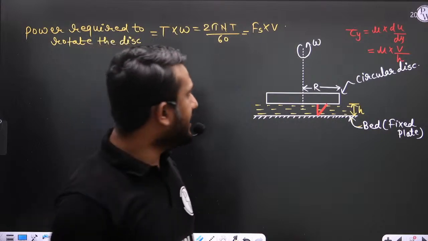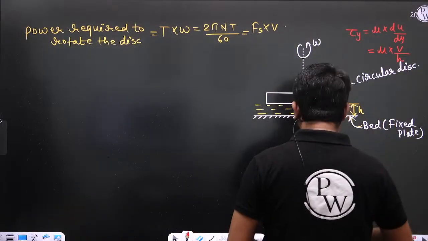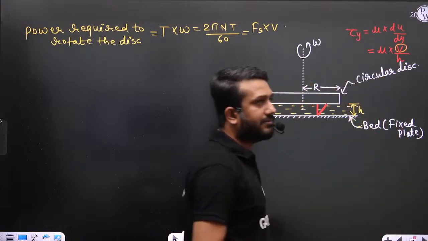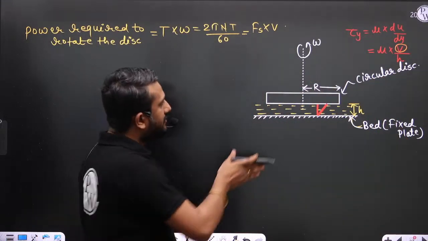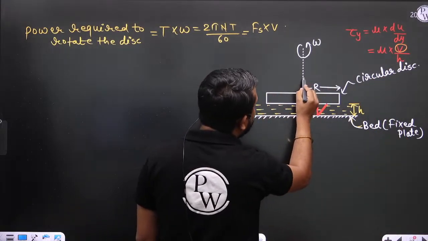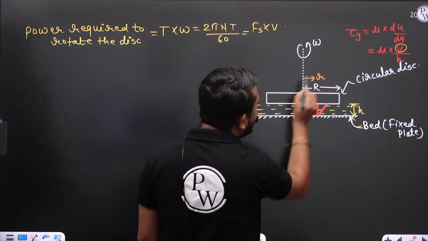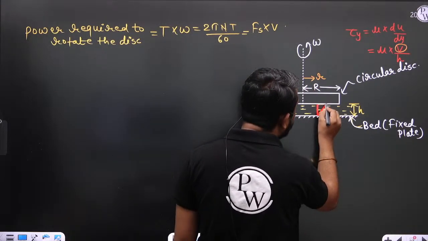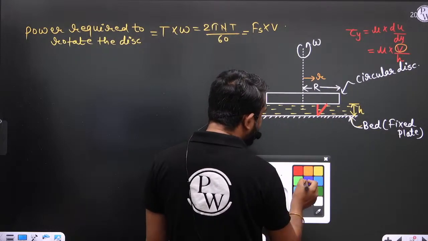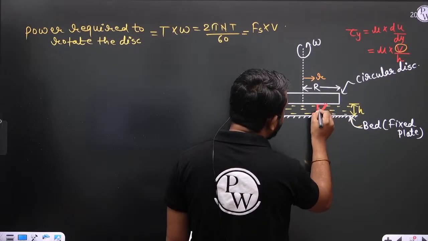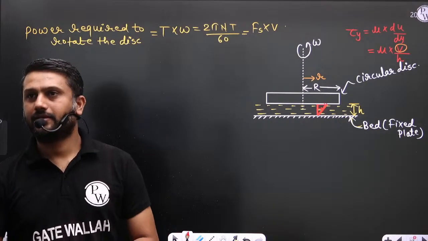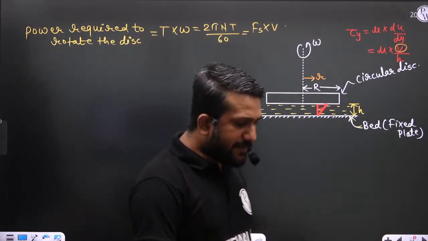Are you getting my point? As you are moving in the radial direction, the tangential velocity changes with respect to r.